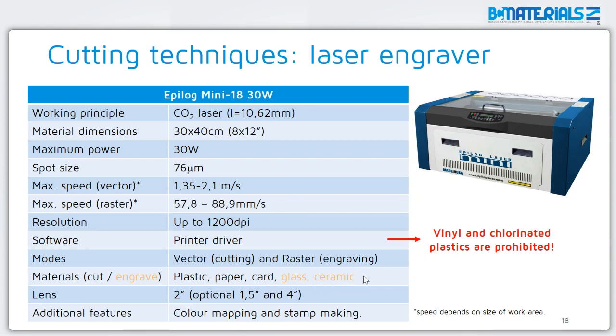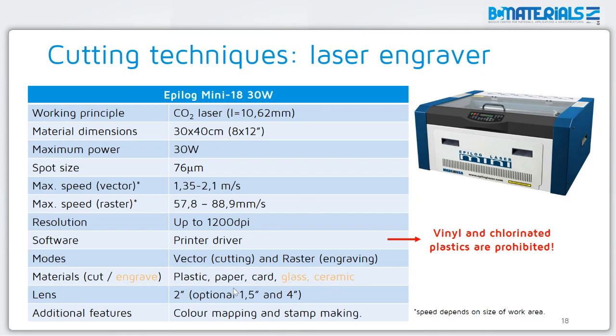The only material that is strictly prohibited to process in the laser, and for these materials you're much better off using the cutter plotter, okay, are vinyl and any other chlorinated plastics. The reason is the toxicity and the corrosive nature of the vapors that are produced during the cut.